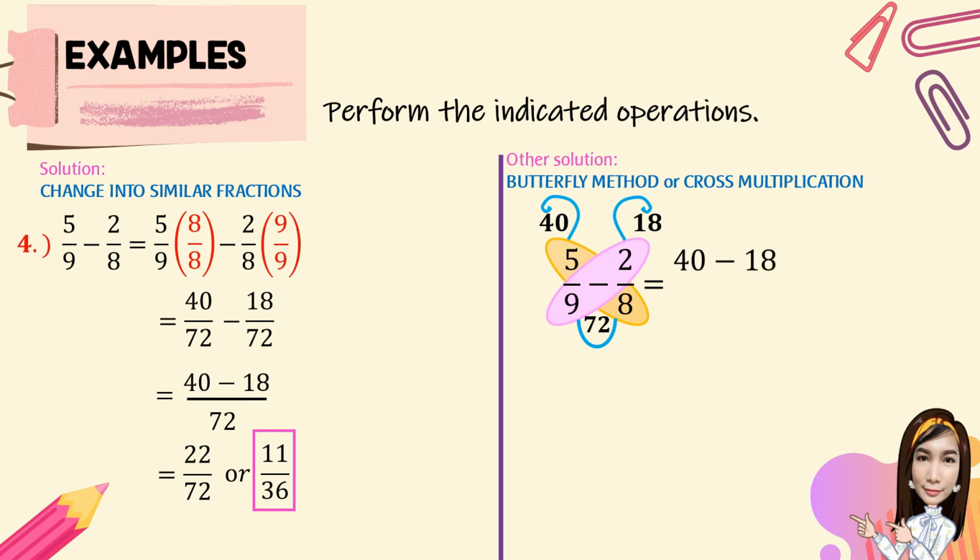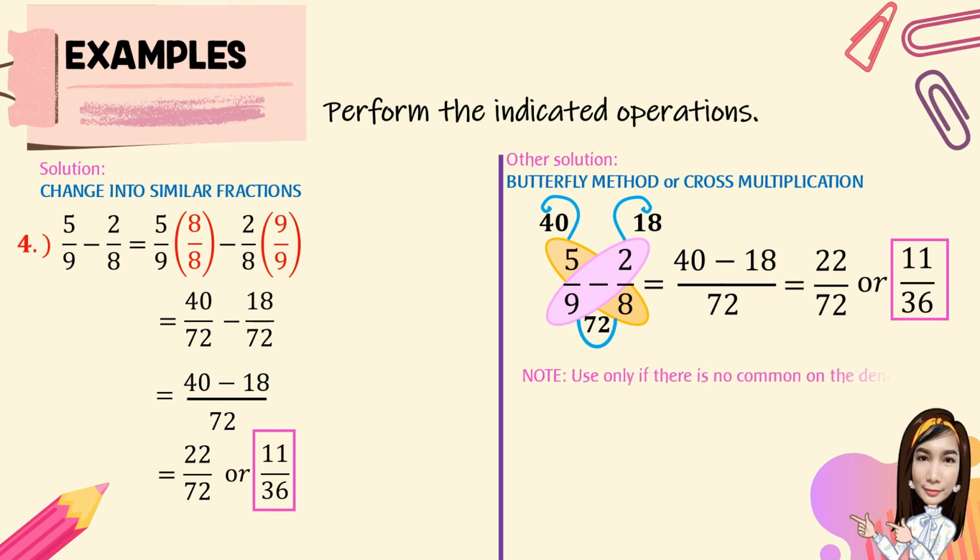Then subtract the numerators, 40 minus 18, all over 72. 40 minus 18 is equal to 22 over 72, or 11 over 36, as the lowest term. So in any method, we come up with the same answer. But take note, it's better to use the butterfly method if there is no common factor in the denominators.